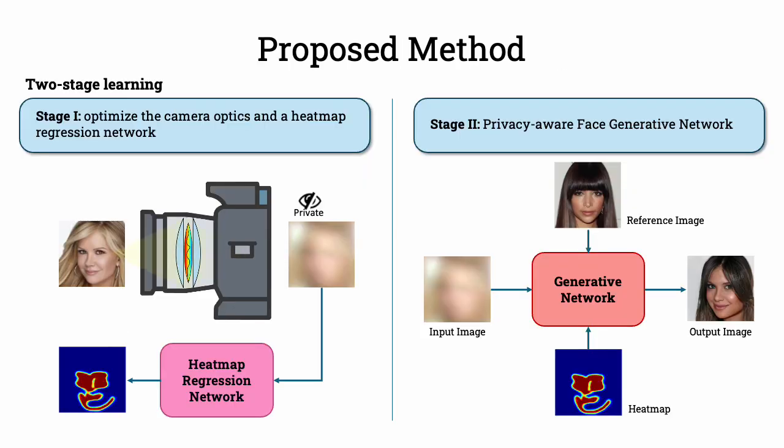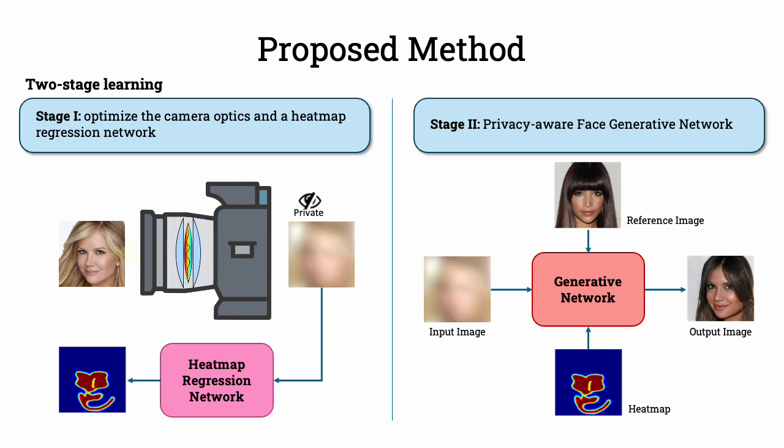Our framework consists of two main stages. In the first stage, we jointly optimize the camera optics and the heatmap regression network to obtain a face heatmap while ensuring privacy protection. This face heatmap allows us to infer global geometry information of the source image, such as head pose, position of eyes, nose, and mouth, without exposing the subject identity.